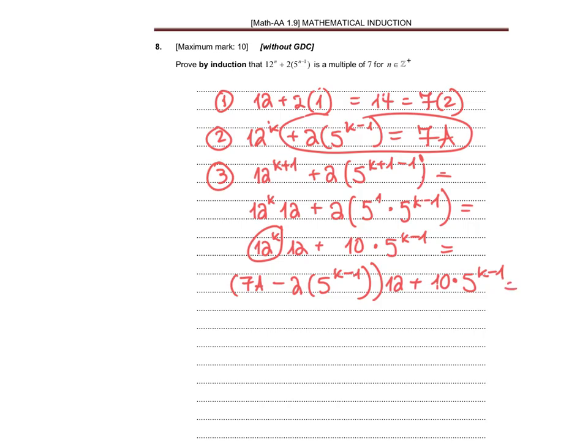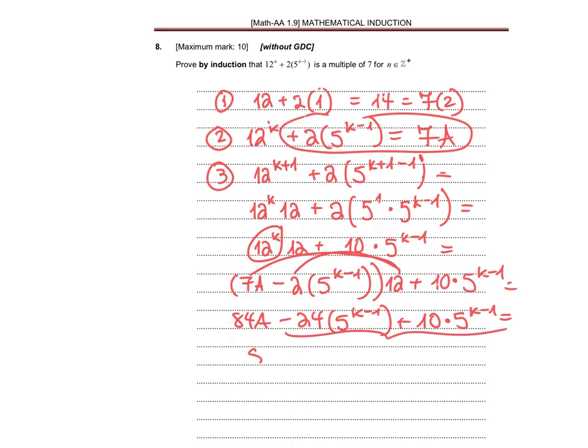So if we distribute the 12, we're going to have 84a minus 24 times 5 to the k minus 1, plus 10 times 5 to the k minus 1. And we can add these two together.